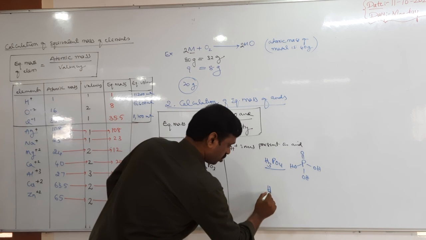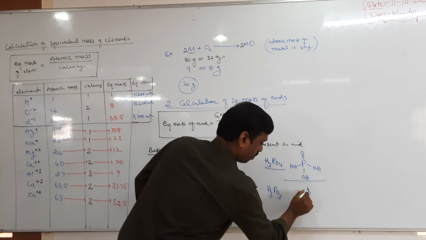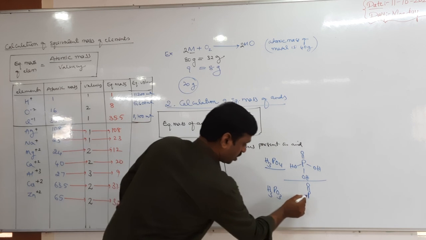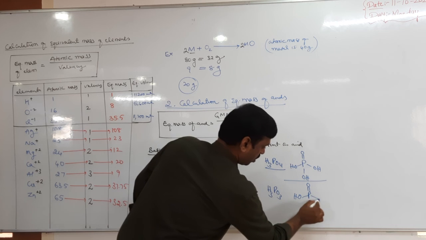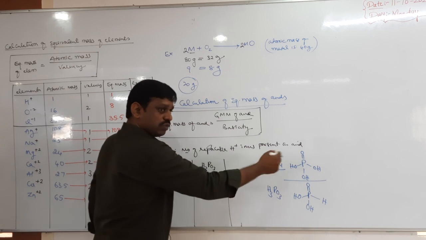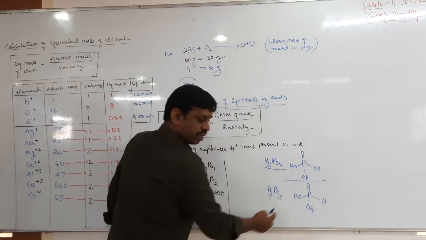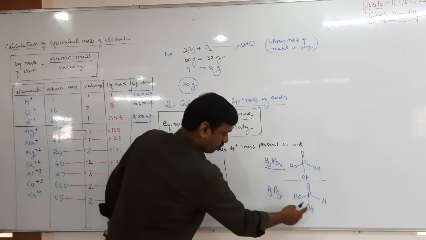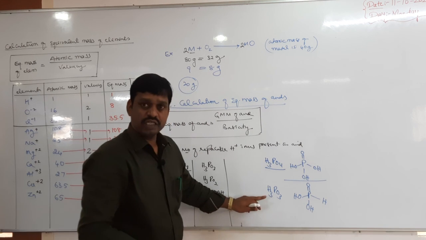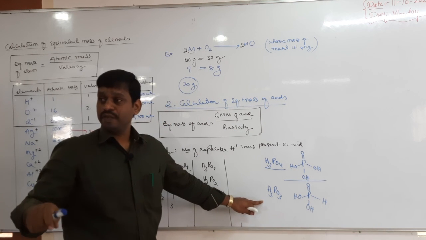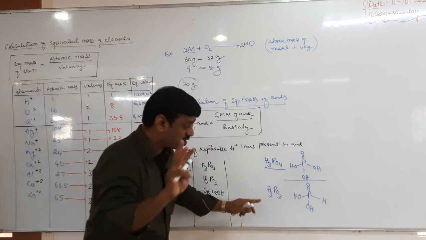Then what is the structure of H3PO3? In H3PO3, P double bond will be the same, but 1 OH, 2 OH and H. You just balance the oxygen: 3 oxygen, 3 hydrogen. It is called orthophosphorus acid. It has 3 hydrogen, but whether all 3 are replaceable?